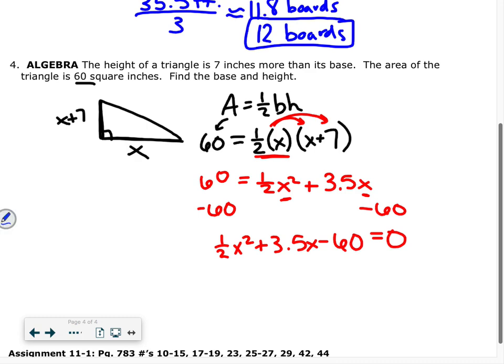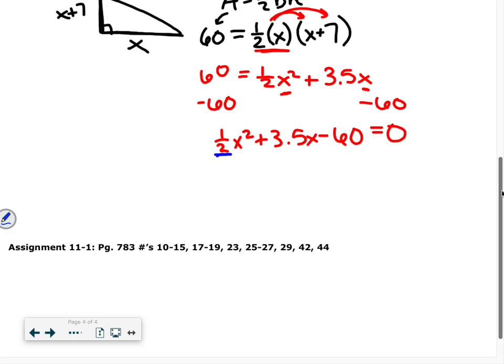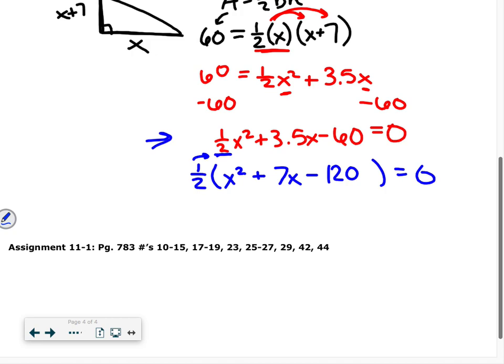We can't factor it like we did in the warm-up using a trinomial because we have that 1/2 here. But what we could do is factor out that 1/2. So if we took 1/2 out of everything, we'd have x squared here, we would have 7x here, and then we'd have 120 here. So basically, if you distributed this 1/2, you would get what we started with up in this line.